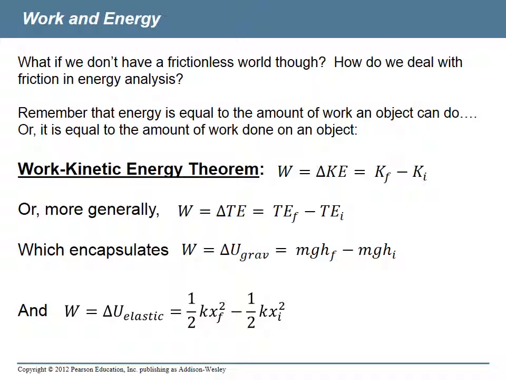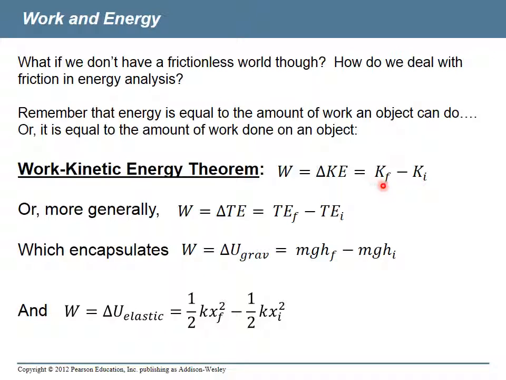If you think back to that block that we had earlier, that had kinetic energy in the beginning and zero kinetic energy at the end, that's because the work done was equal to the frictional force times that displacement, right? So the amount of work done by friction was actually just its change in kinetic energy.